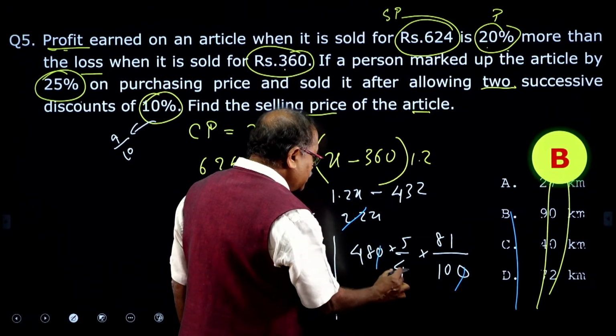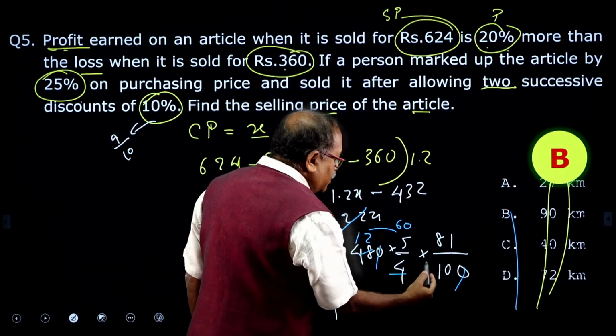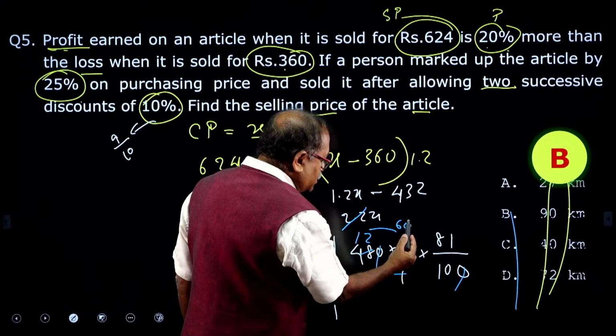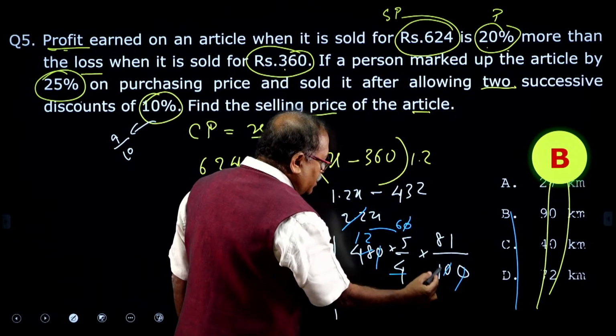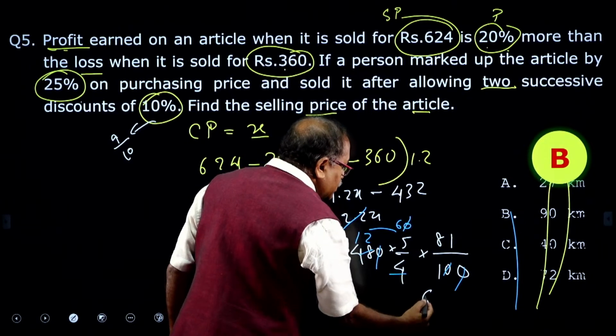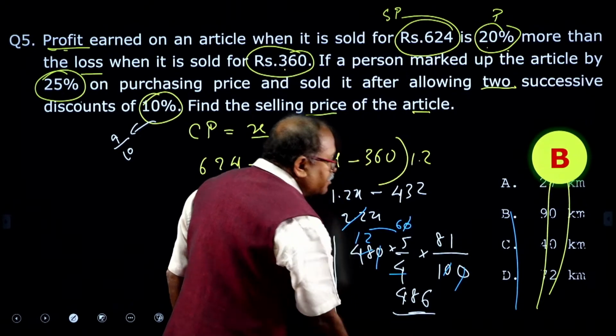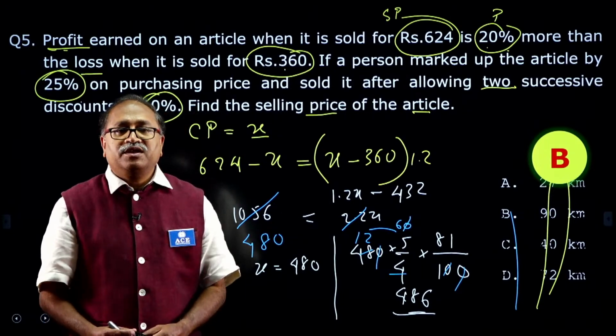Cancel this and this, cancel this one, this is 12 times, and 12 5s are 60, and with 6 this 0 gets cancelled over here, and 6 1 is 6, and 6 8s are 48. That is the answer, 486.